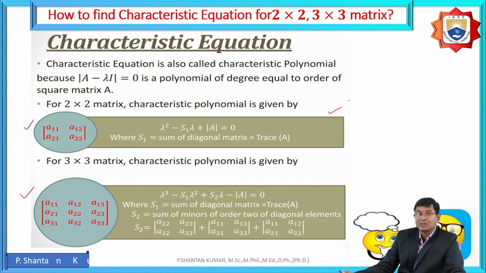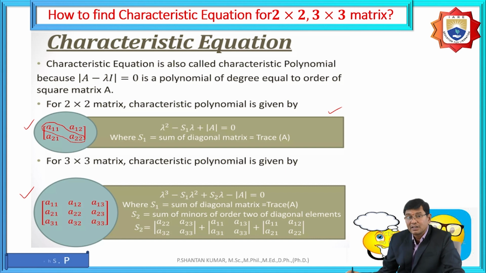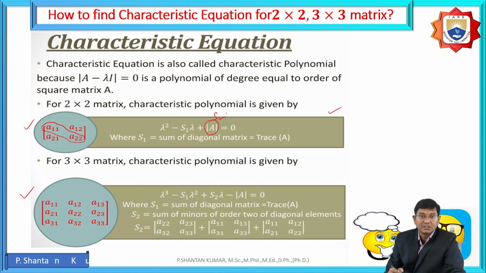The meaning of s1 is the trace of the matrix. In the given matrix, the trace is nothing but the sum of the diagonal elements, that is A11 and A22. That is the meaning of the trace of the matrix, the sum of the principal diagonal elements. And similarly, s2 is nothing but the determinant of the matrix.